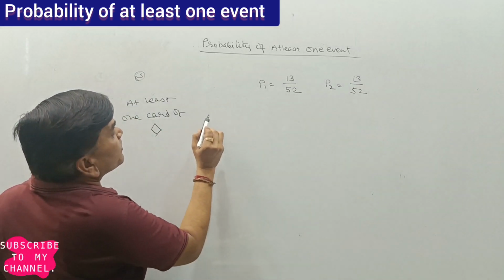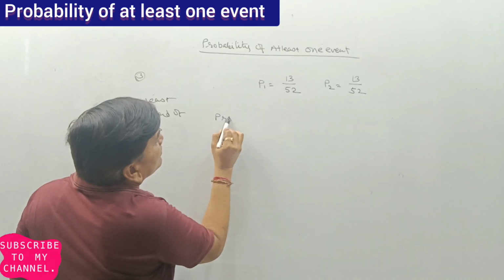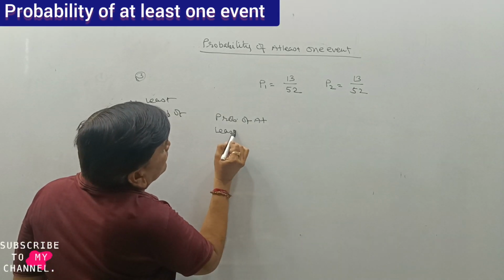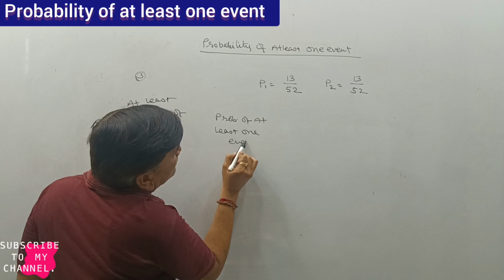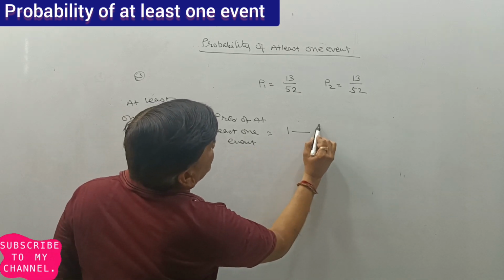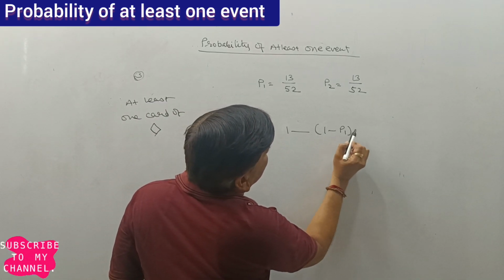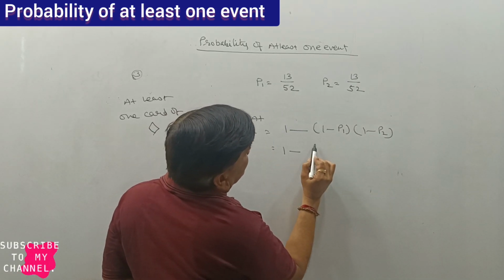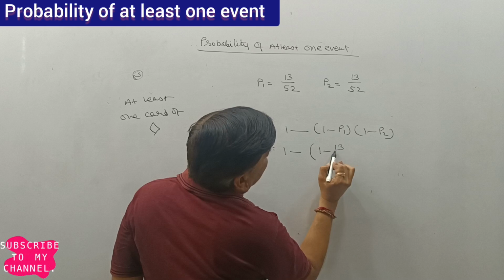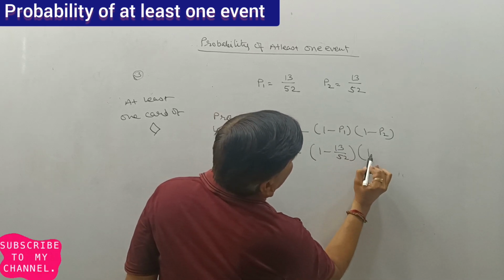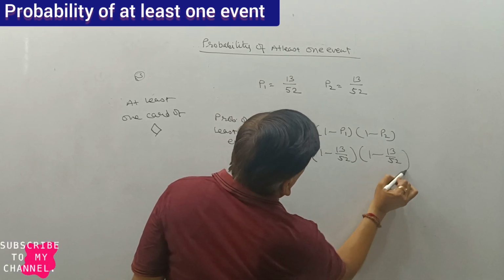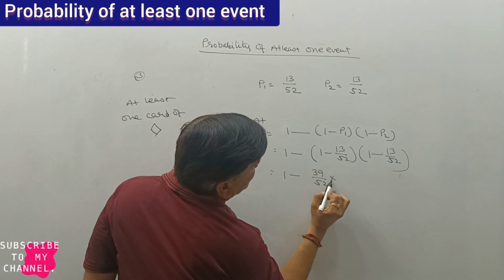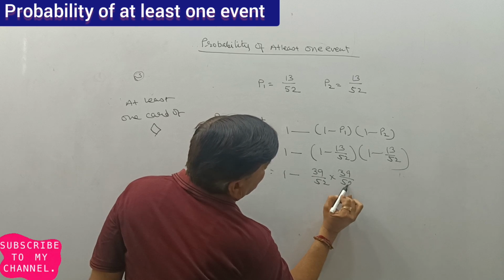So the probability of at least one event is equal to 1 minus probability of first, 1 minus probability of second. So 1 minus 13 upon 52, or we are having 39 upon 52 multiplied by 39 upon 52.